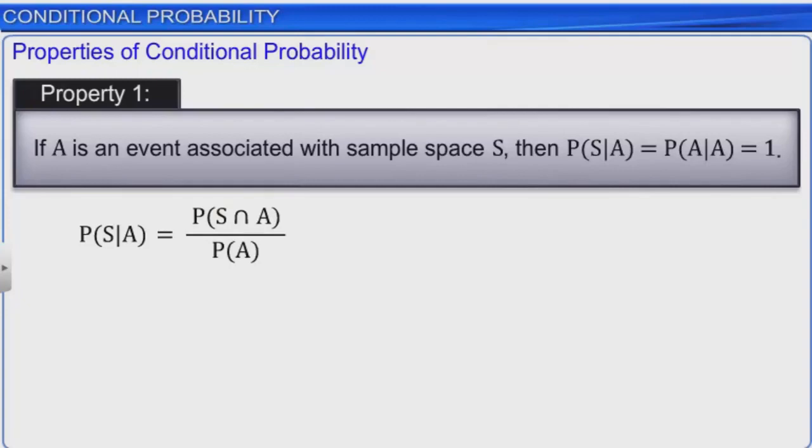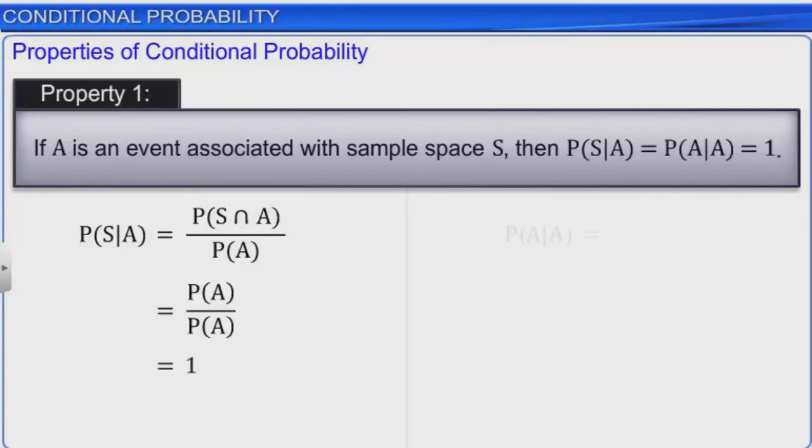Thus, the probability of S intersection A is equal to the probability of A. Therefore, the probability of S given A is equal to 1.